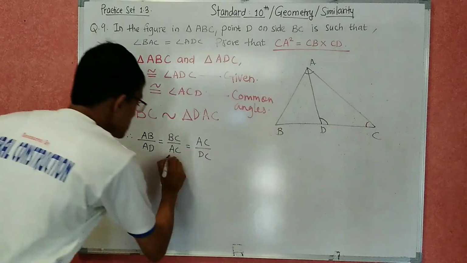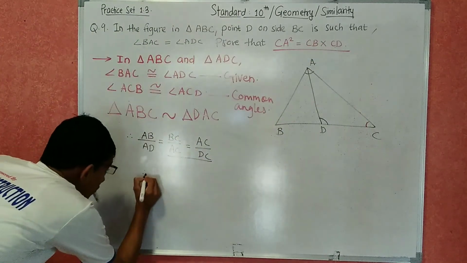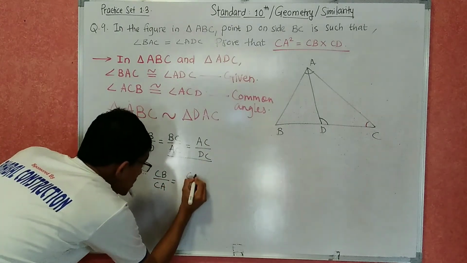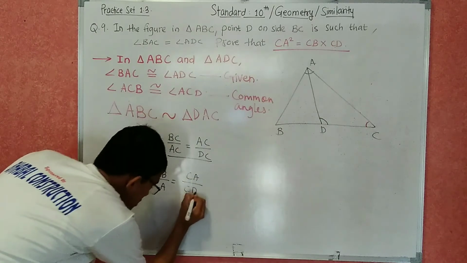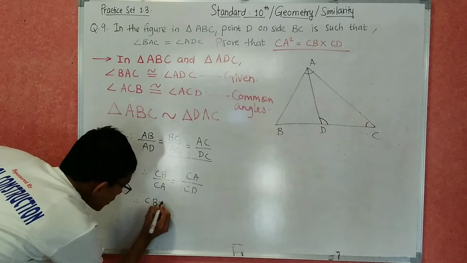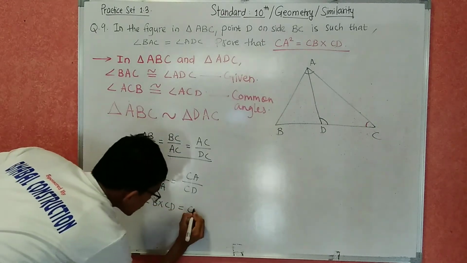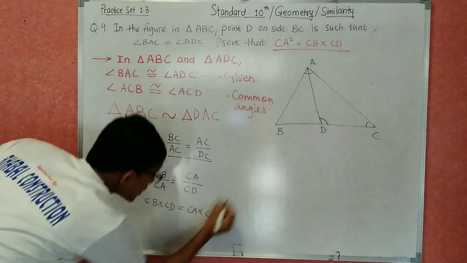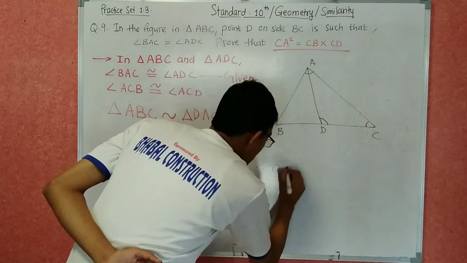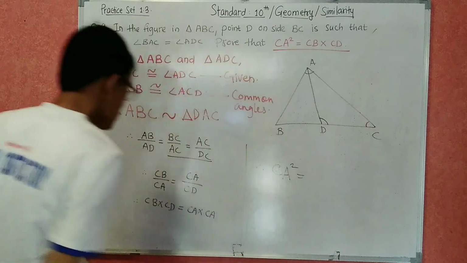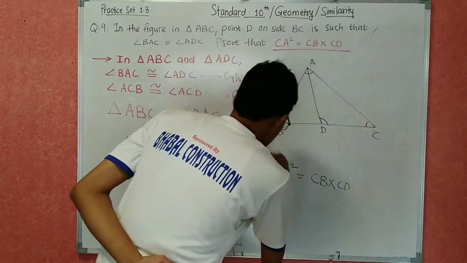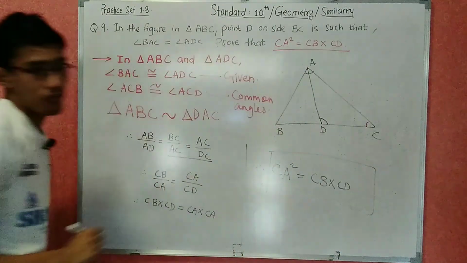So from this we can write therefore CB upon CA is equal to CA upon CD. We will take the cross multiplication, so we will get CB into CD is equal to CA into CA. So therefore we can write CA square is equal to CB into CD, and this is the required proof.